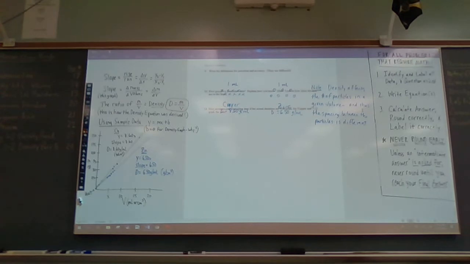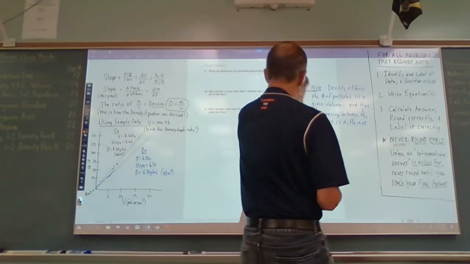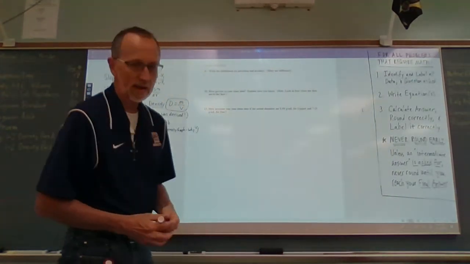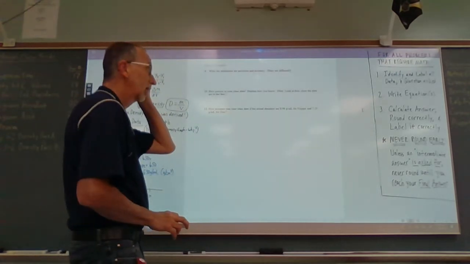Number 9, we have talked about this before in our notes, maybe several days or a week or so ago. It asks us to write the definitions of precision and accuracy. They are different.